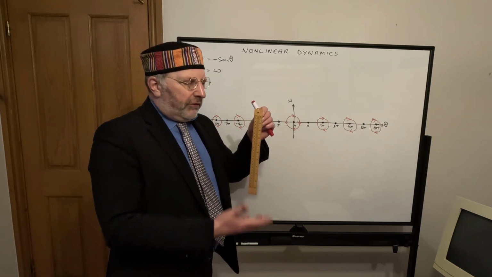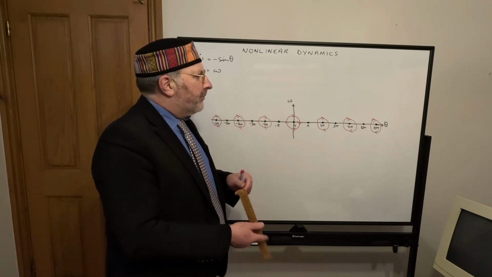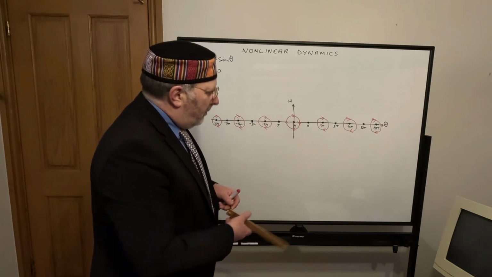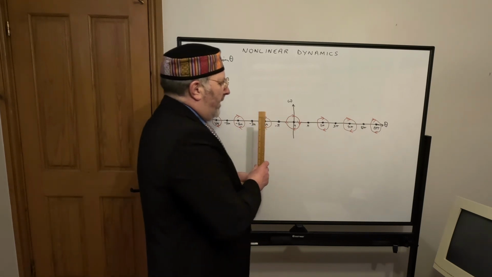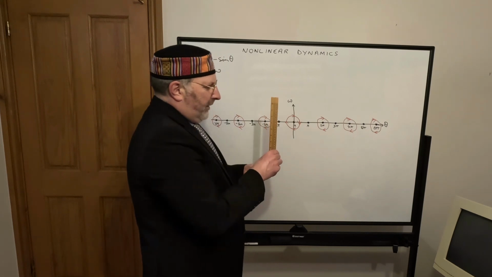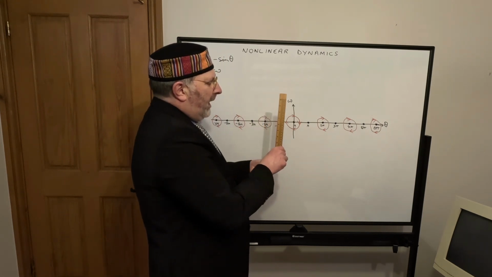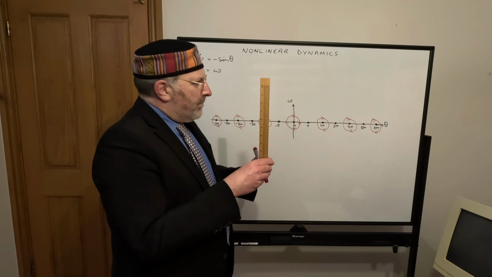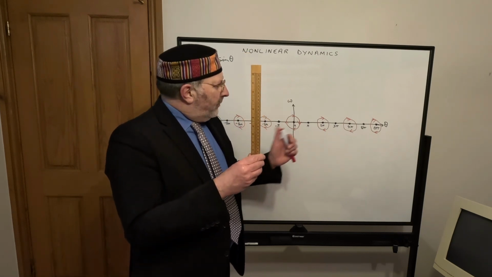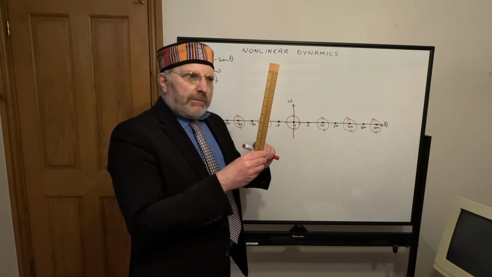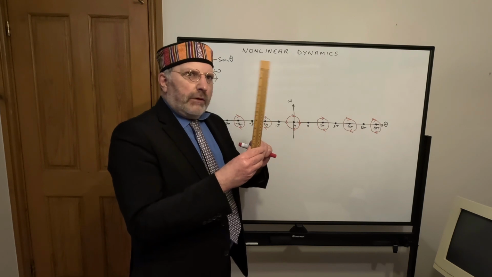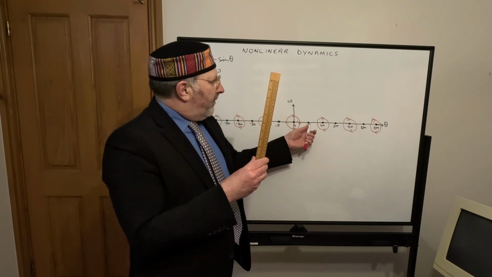So an attracting fixed point is stable and a repelling fixed point is unstable. So let's think about what happens if we start off at this angle pi, and we just displace it slightly. So it's very, very close to pi.